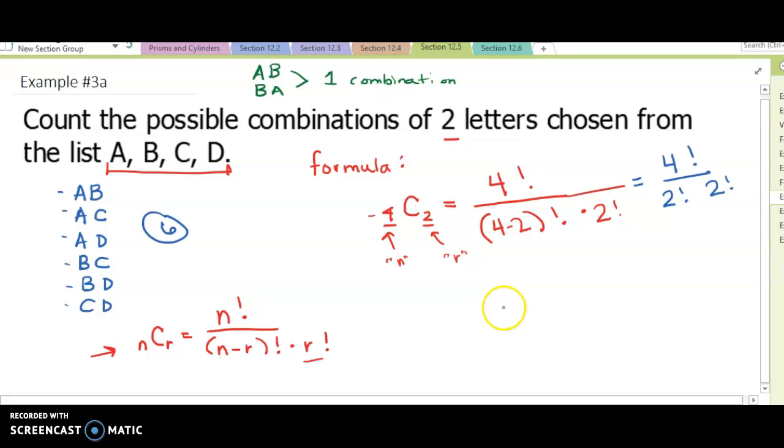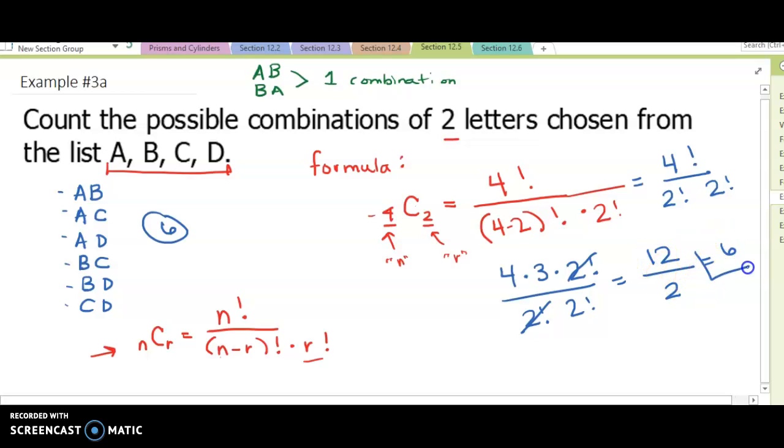If I simplify it a little more, this is 4 times 3 times 2 times 1, or just 2 factorial, over 2 factorial times 2 factorial. The 2 factorial over 2 factorial cancel out, so just 4 times 3 is 12 over 2 factorial, which is just 2 times 1, which is 2. 12 over 2 is 6. So we get the same answer regardless of either method we use.